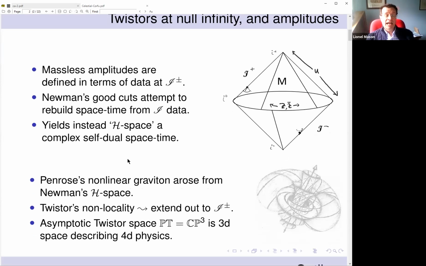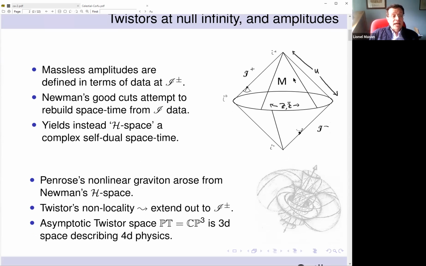And the point of this talk is that this is the natural recipient for the MHV amplitude. We can think of the MHV amplitude as being an amplitude defined on a fully nonlinear self-dual spacetime, and that's why the formulae are so neat at MHV.